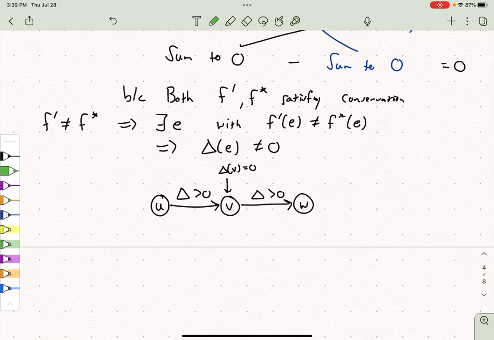Or, if that doesn't happen, it must be the case that there is an edge going into V from some other node X that has delta negative. Either way, at V, the total will be 0. So either incoming pseudoflow is positive and negative, and so it cancels to 0, or we have incoming flow positive, but outgoing flow also positive.